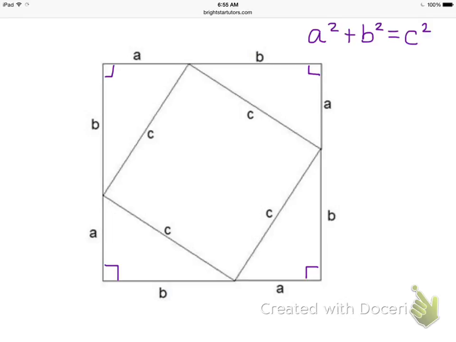So what I'm going to do now is find the area of this large square with sides A plus B. So the side lengths are A plus B, and I've got this square over here.